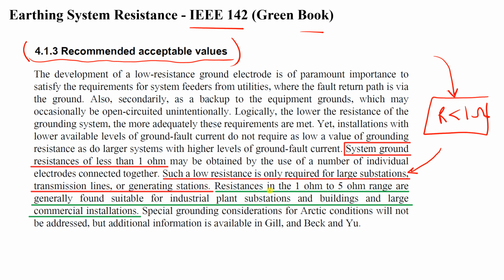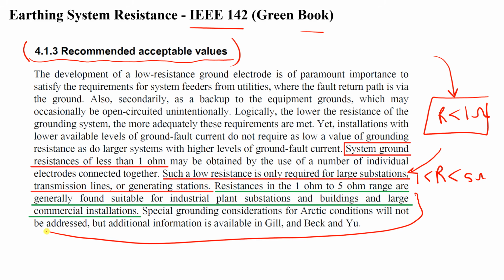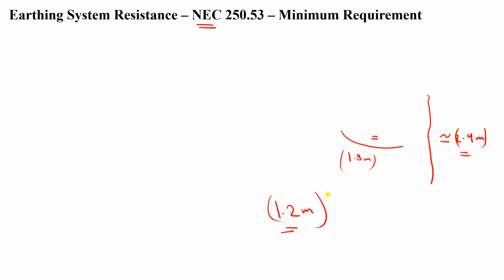Now it tells you that R between 1 and 5 ohm range is generally suitable for industrial plant substations, buildings, and large commercial installations. That's why you will find that in residential and commercial design, we usually target resistance between 1 to 5 ohms, which is the same value that I have shown right here.